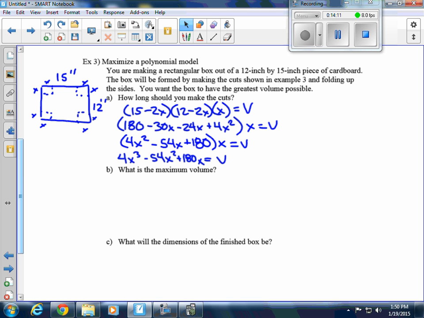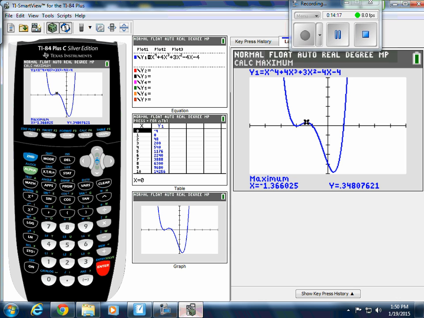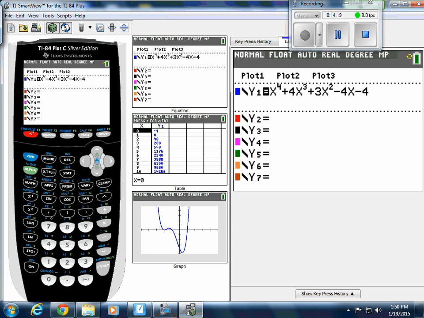So now what we're going to do is put this into our graphing calculator. You're going to go back to y equals, clear out whatever we had in there, and type in this new equation. So the volume we said is 4x cubed minus 54x plus 180x. Oh, 54, that's x squared.